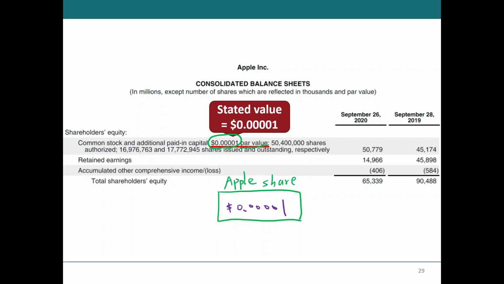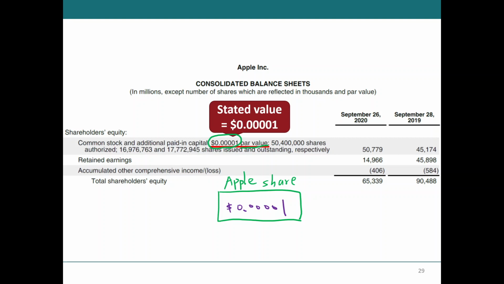Any questions so far? When you look at the balance sheet, the equity part tells you the information about their shares. You should understand how to read it. Par value 0.00001, they assign the number for their shares. This is their authorized shares. You should understand what it means. How many shares they issued?